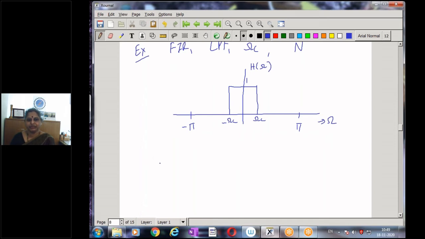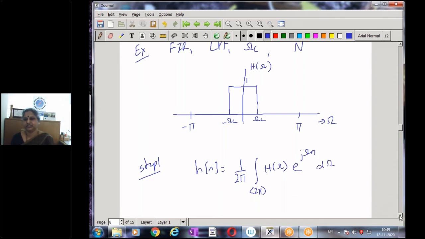As my first step, I need to compute h of n. And what is h of n? We just saw that the Fourier series representation is given by this. Because it's periodic over 2 pi, h of n is 1 by 2 pi, integral over 2 pi, H of omega e to the power of j omega n d omega.